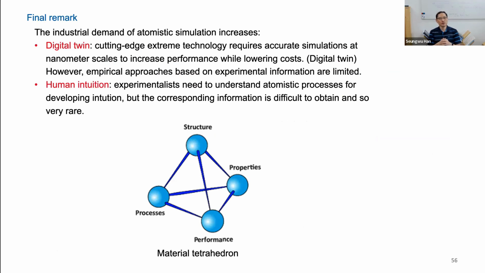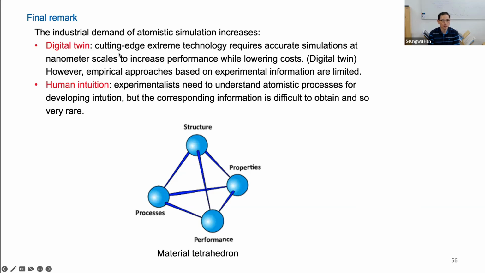So I have very briefly introduced all the methods in atomistic simulation, and I want to emphasize that interest in atomistic simulation, particularly in the industrial domain, is increasing quite a lot. There are two reasons, in my opinion.